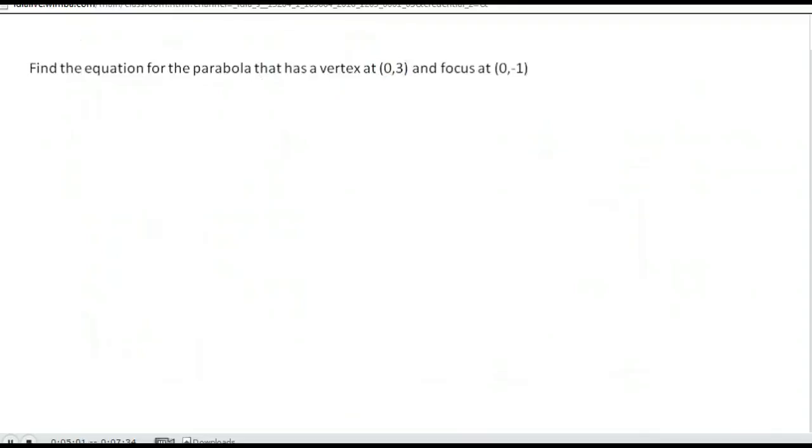Let's do one more of those. Find the equation for the parabola that has a vertex at 4, 1 and a focus at 6, 1. So again, my first suggestion always on these problems is to draw a picture of what you've been given. The vertex is at 4, 1. Remember, that's the turning point of our parabola. The focus is at 6, 1.